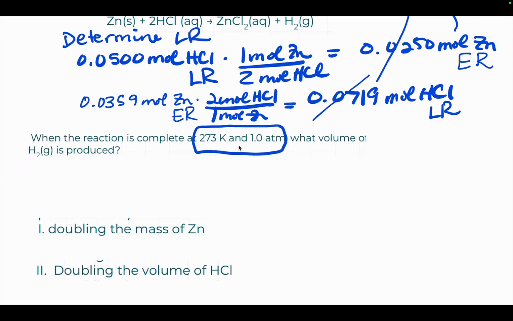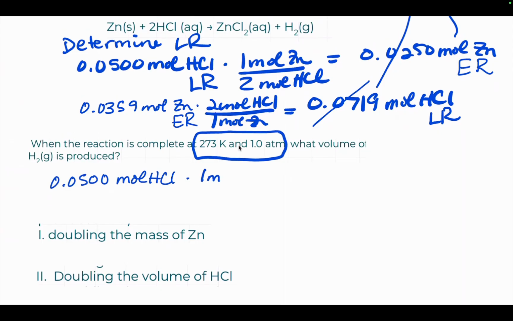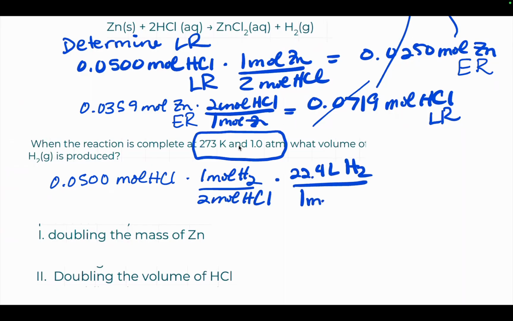So I'm going to start with my limiting reactant, and I'm going to use my mole ratio, 1 mole of hydrogen for every 2 moles of hydrochloric. Up above, you can see those are the coefficients. Then 22.4 liters is how much 1 mole of hydrogen or any gas would occupy. So when I do that, I get 0.562 liters of hydrogen.